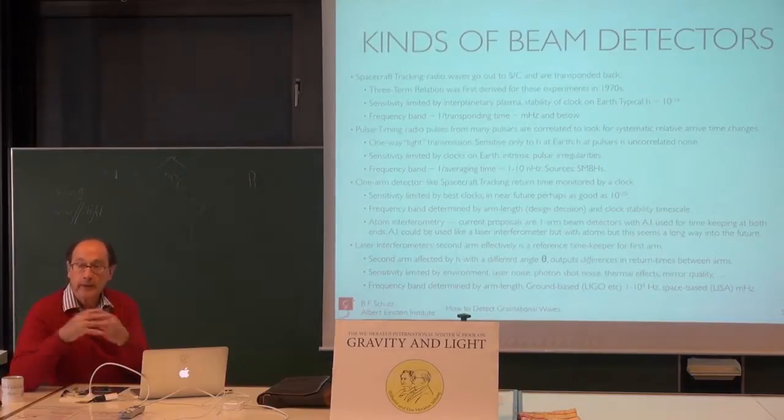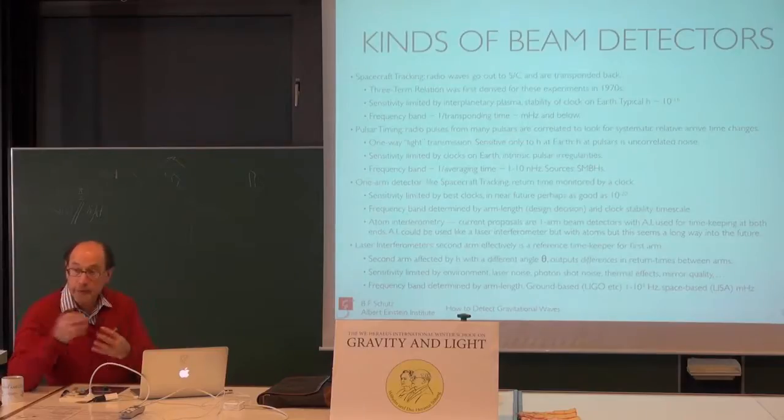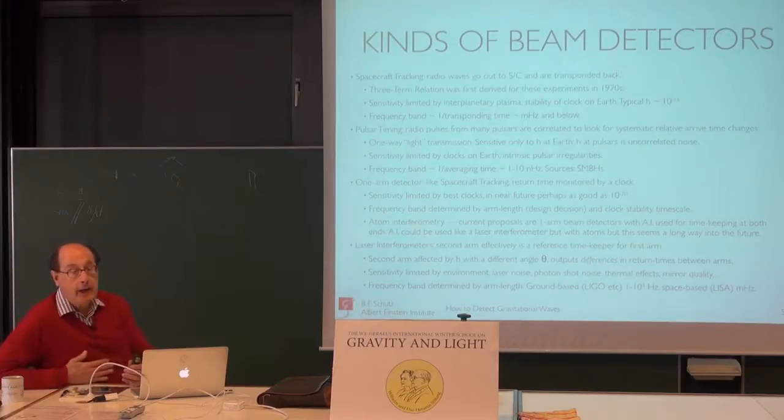And people have done this to demonstrate the wave nature of matter. And you could imagine using that to detect gravitational waves. In the same way, you'd have a different three-term relation, and all of that would be different. But in principle, you could detect gravitational waves that way. That's way in the future. Nobody knows yet any practical way of doing that.